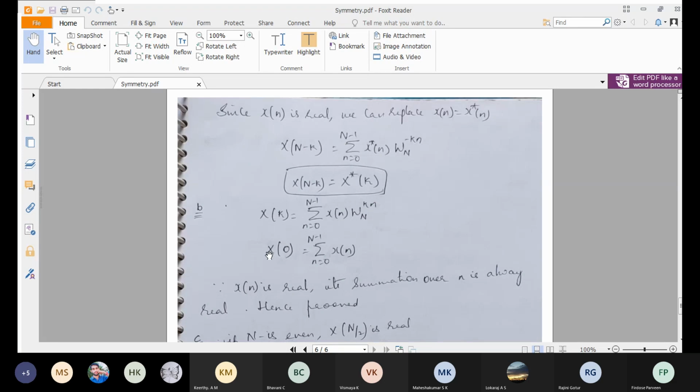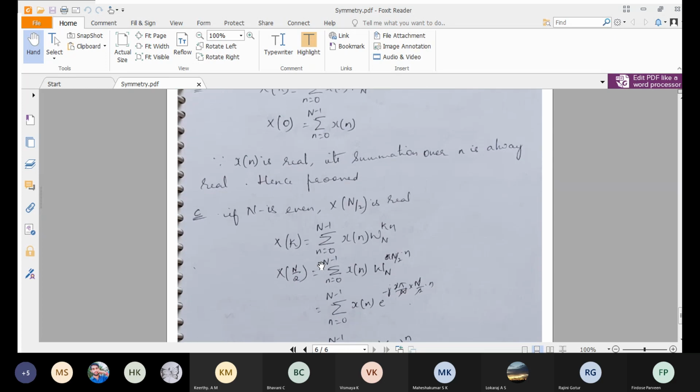So when k is equal to 0, the summation n equal to 0 to N minus 1 of x of n, W_N to the power of 0, that is multiplied by 1. Since x of n is real, its summation over n is always real. Whatever value we get will be real itself. Hence it is proved.